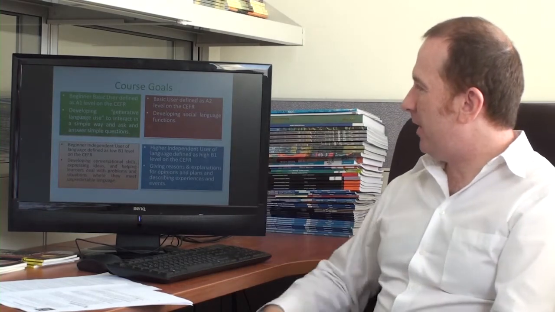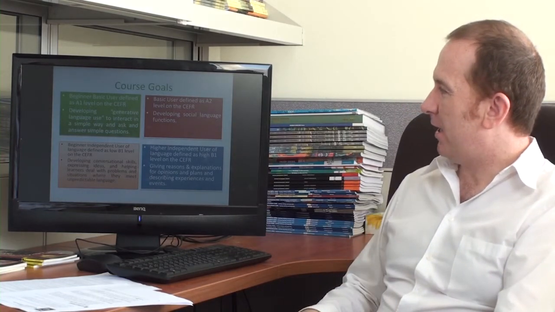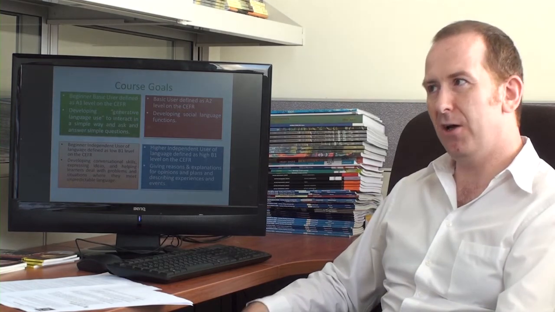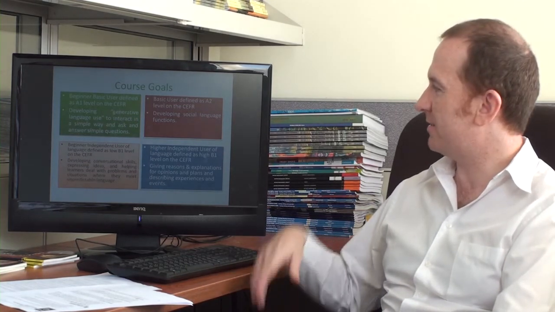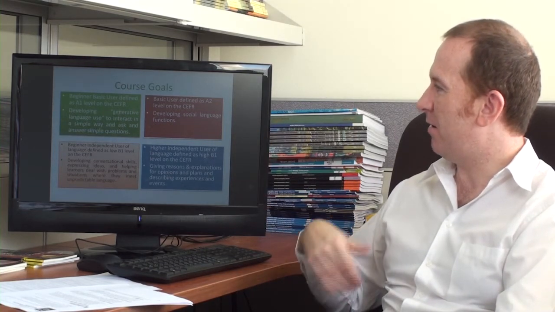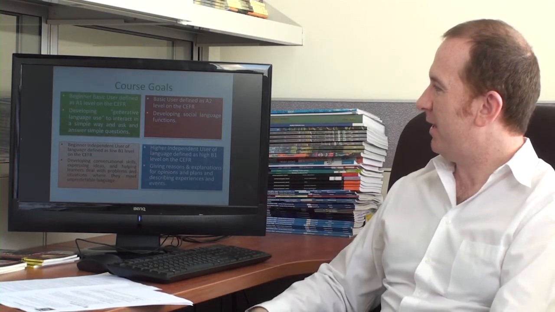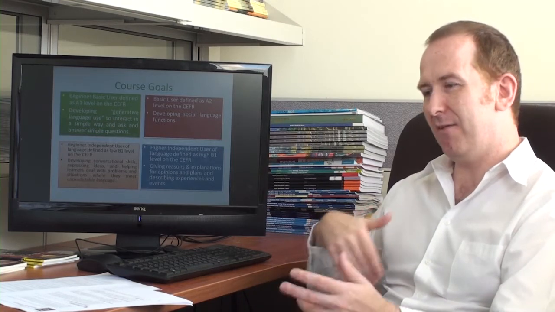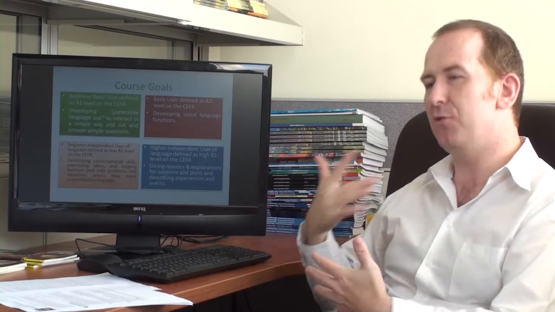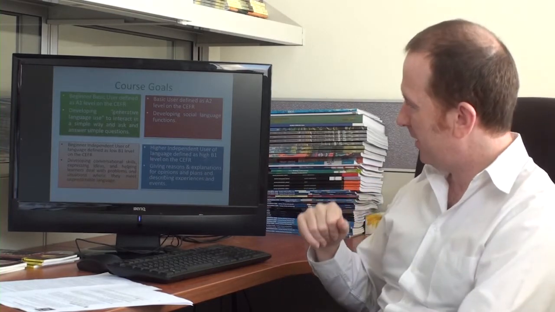Moving to level 102, upon completion of this course, learners should have reached CEFR A2 level. They should be a basic user, and they should have, in addition to all of this, developed some social language functions.